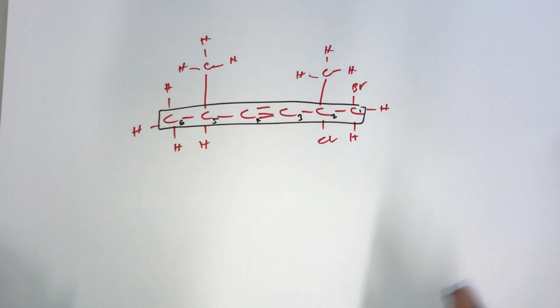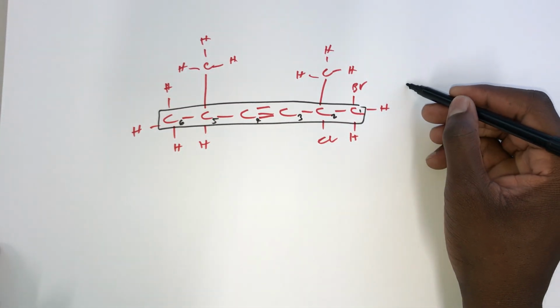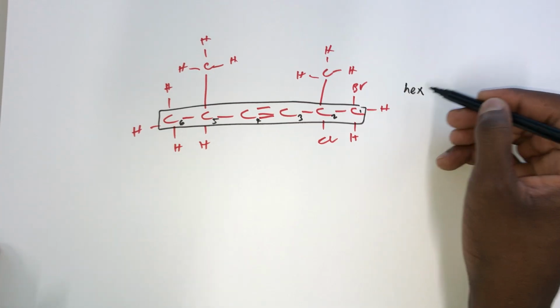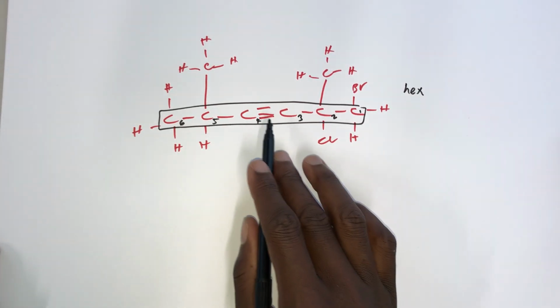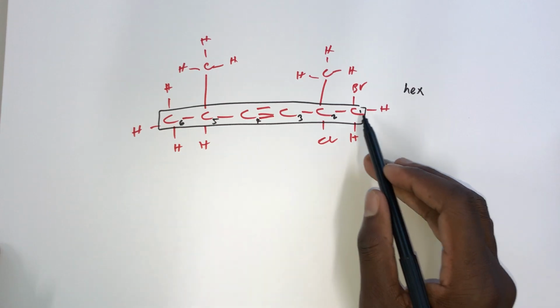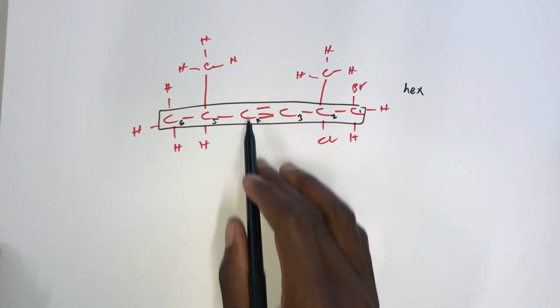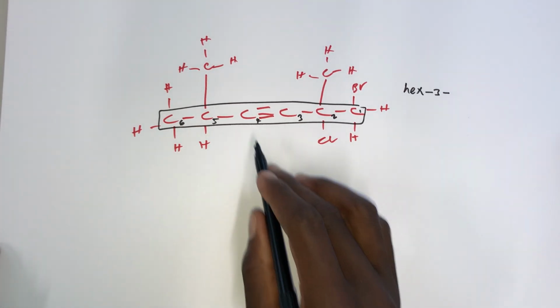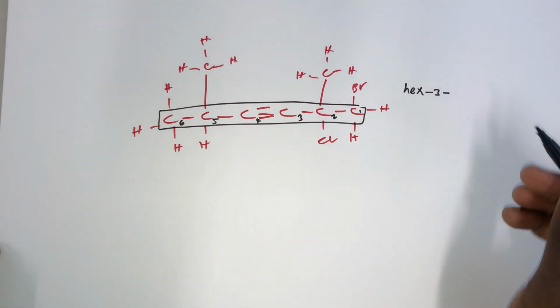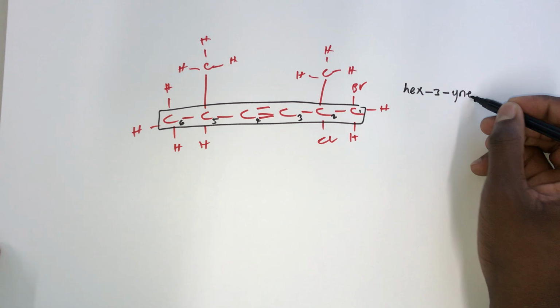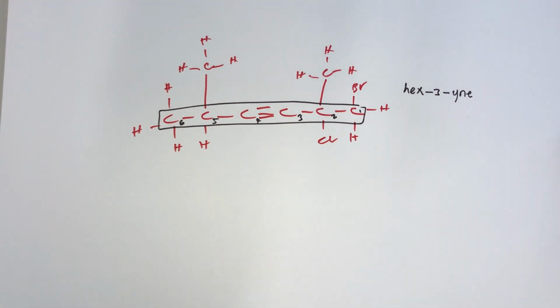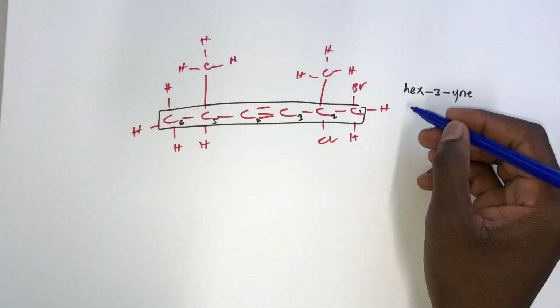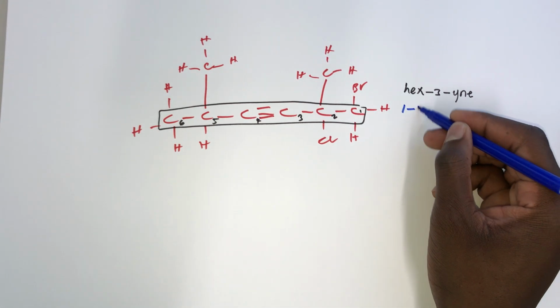So since it's 6, that's where we're going to say we have hex. And then we check there is a triple bond in carbon atom number, since we started this side, it's going to be carbon atom number 3. So dash 3 dash. Then the ending for alkyne is YNE. Now let's check the positions. Position number 1, there is a bromine there. So 1-bromo.